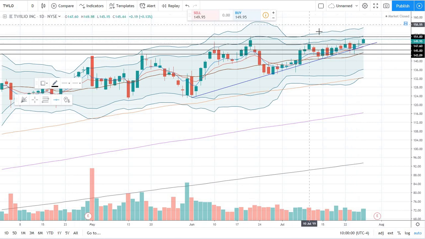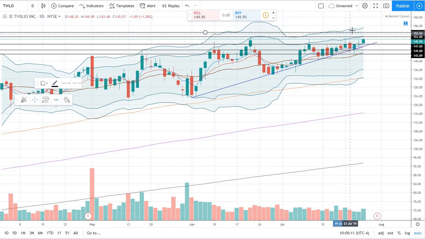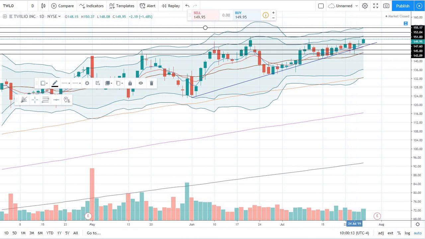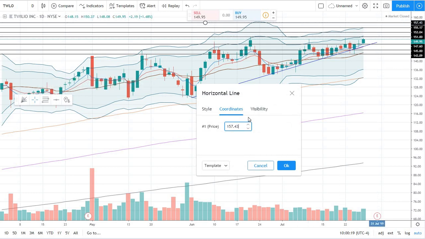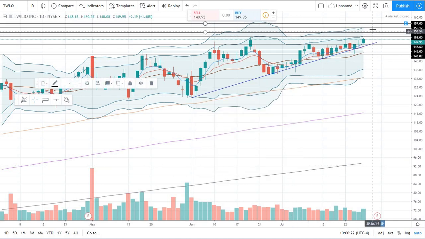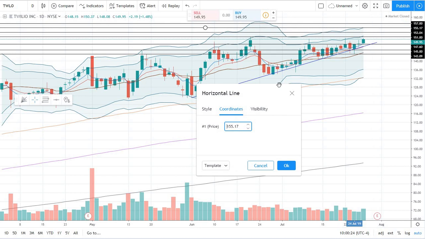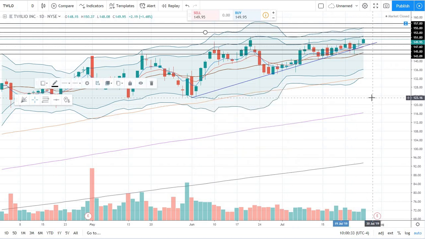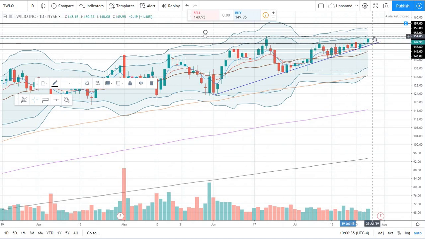We're in blue skies again, so we have to try and pick our levels out. 151 looks to be the breakout level, so we'll do every $2 after that: 153, 155, then 157. I'm going to just adjust these here. There we go. So we're looking for a break of here or a back test of the trend line.